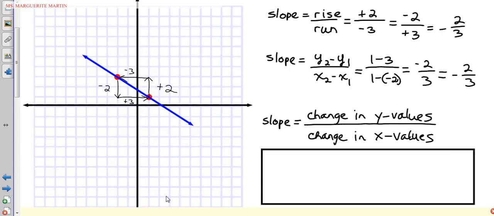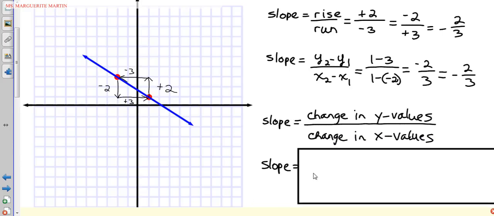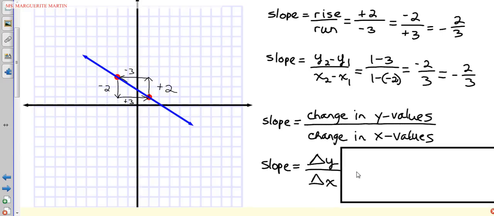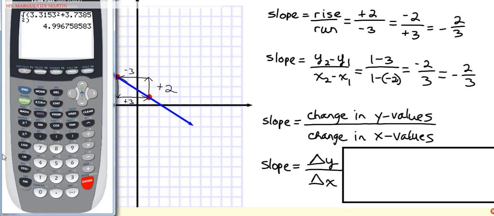Now, we're going to learn calculus notation. Slope is equal to change in y values, which can be written as this triangle y over this triangle x, but this is read delta y over delta x. It's just like on our calculators when we set up a table.